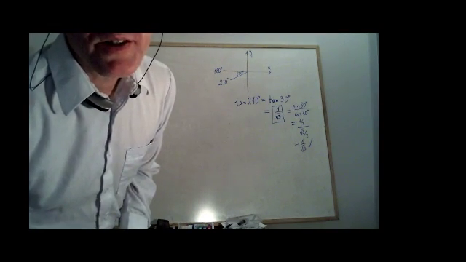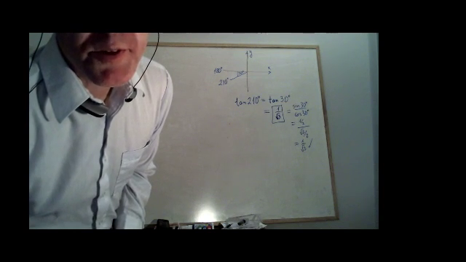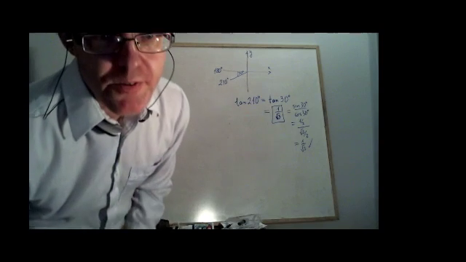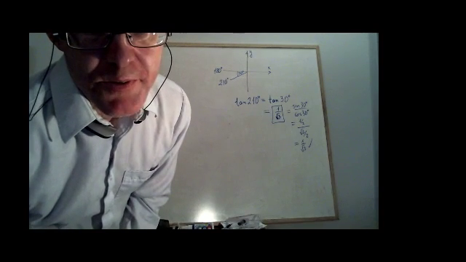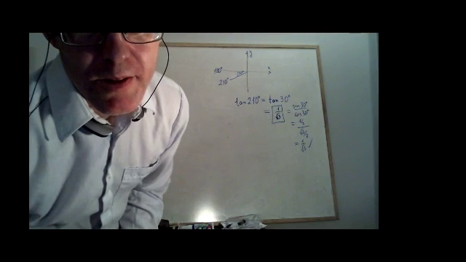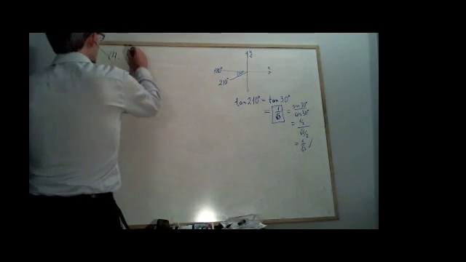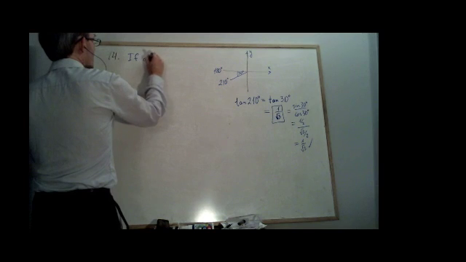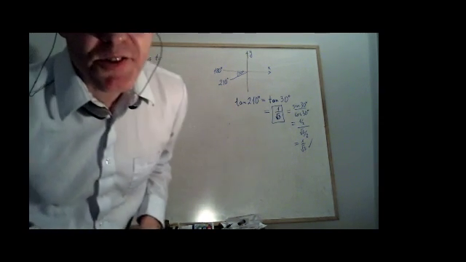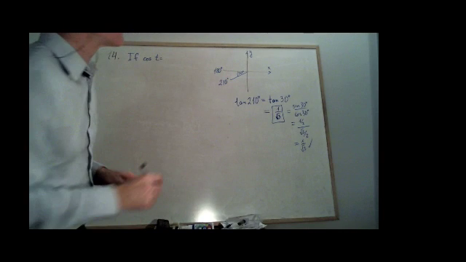Okay. Now, number 22, the final one in this section. If cosine of t is root 3 over 2, find cosine of t minus 2 pi. So cosine of t is root 3 over 2.